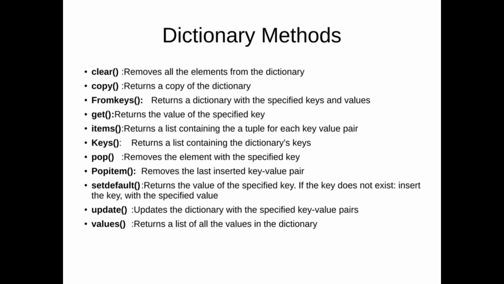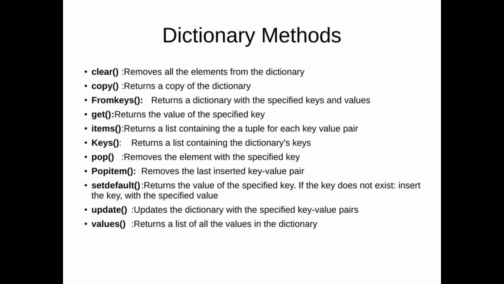Next, dictionary methods. There are different dictionary methods we can use in Python: clear, copy, fromkeys, get, items, popitem, setdefault, update, and values. The clear method removes all the elements from the dictionary. Copy returns a copy of the dictionary. Fromkeys returns a dictionary with the specified keys and values.